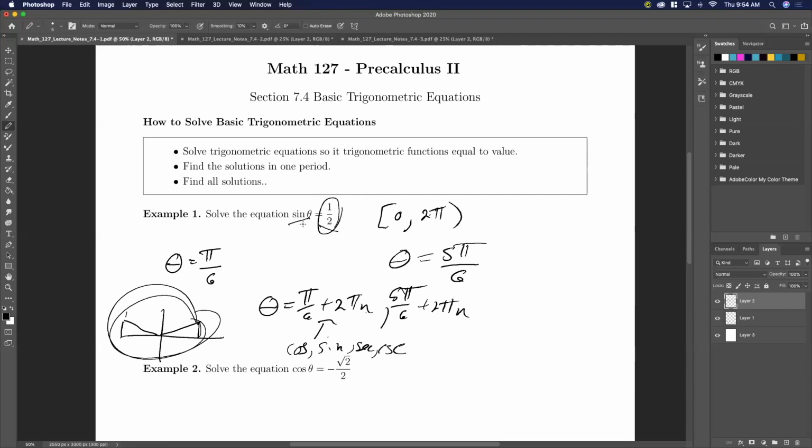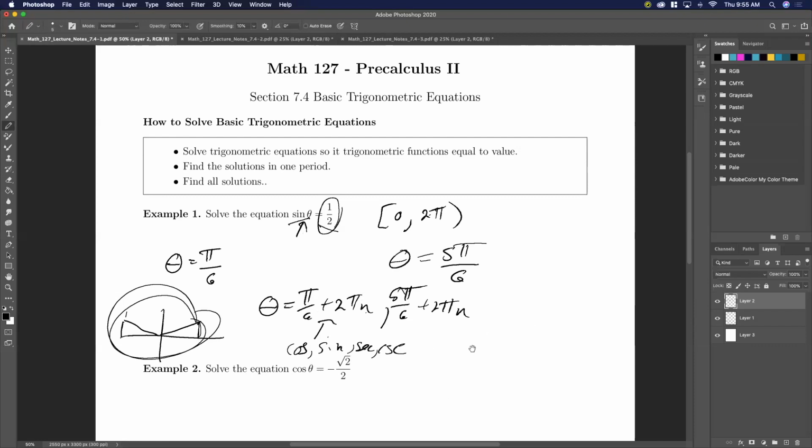So all the solutions to the equation sine of theta equals a half are the following. It's pi over 6 plus some amount of 2 pi's, right? Because that's just a circle, right? And then 5 pi over 6 plus some amount. So here's all the solutions. And in order to find all the solutions, this is what we're going to do.